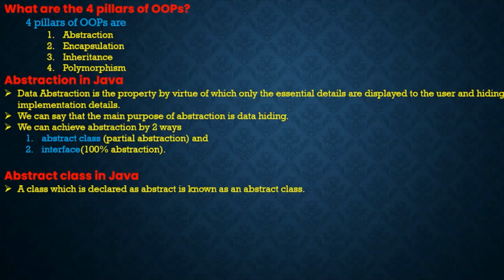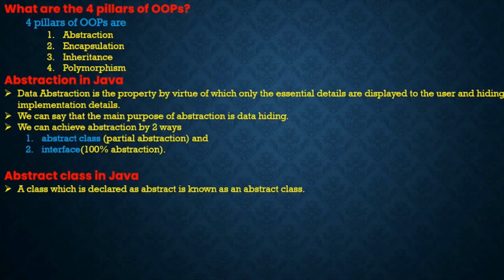Before the class keyword, if you write the keyword abstract, then that class becomes an abstract class. What is the difference between class and abstract class? In a class we simply write the class name. In case of abstract class, we write the abstract keyword, then class, followed by the class name.